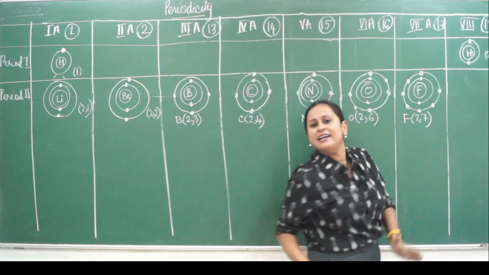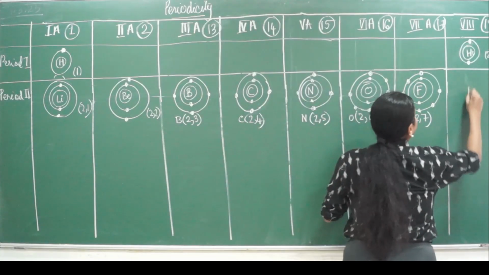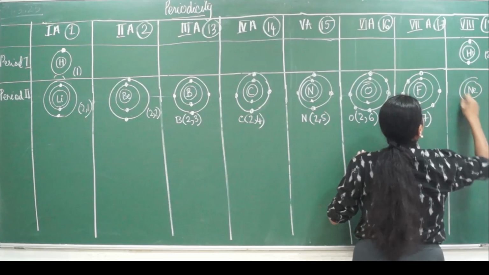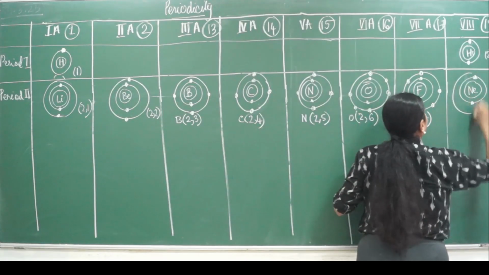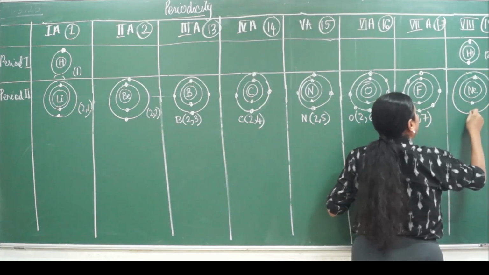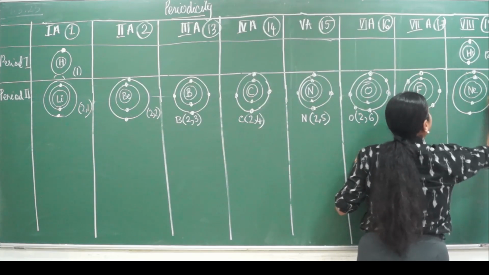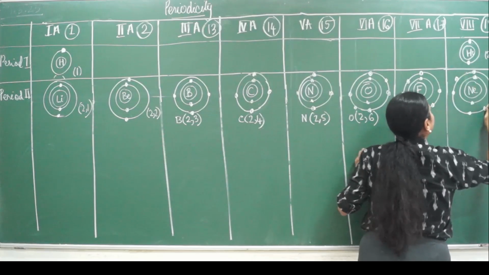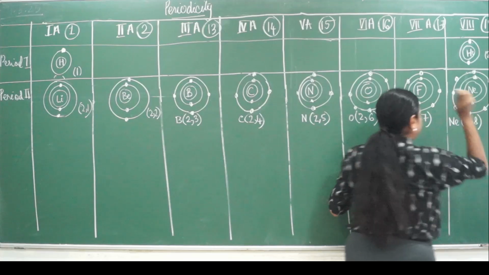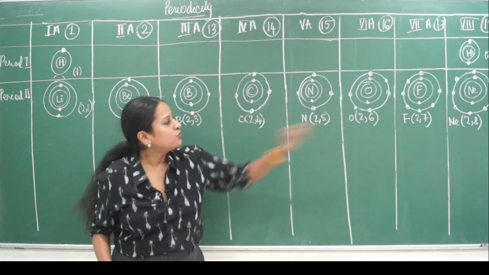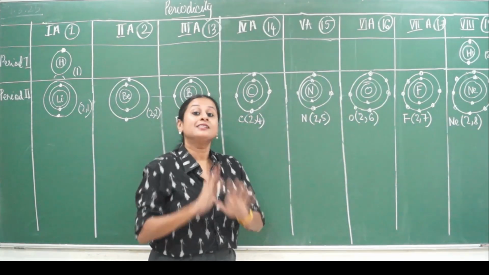It is naturally finding its place over here. So neon is 2, 8. Its octet is complete.